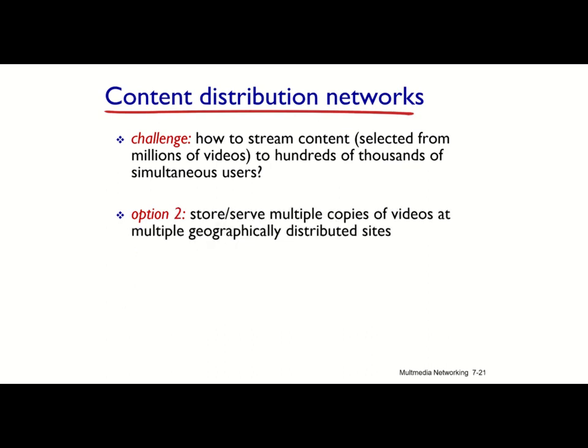The simple solution to this problem is to store multiple copies of videos on multiple geographically distributed sites, and this way we have distributed servers, and they can serve thousands and thousands of clients in a much more efficient way, because the clients can choose from different servers, and at each time they can get a chunk of video from the server that is closer to them and has a higher available bandwidth.